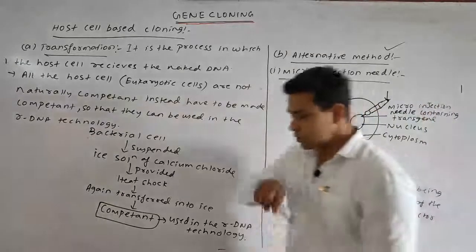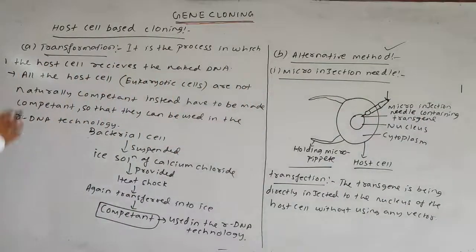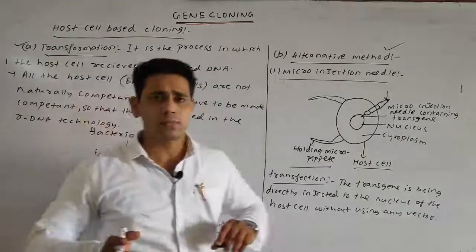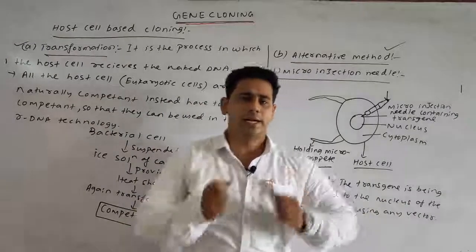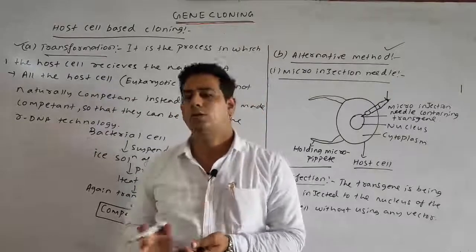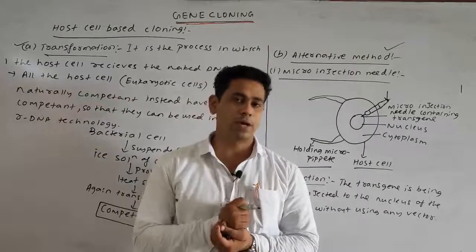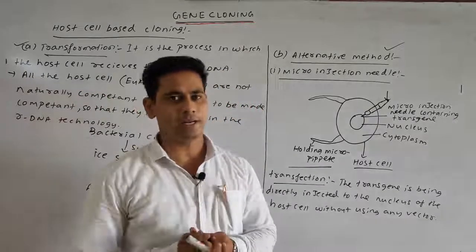So now we discussed two important methods of host cell based cloning. First we discussed transformation, in which the host cells have to be made competent, meaning ready to be used in the rDNA technology.